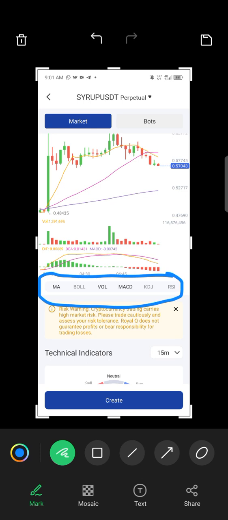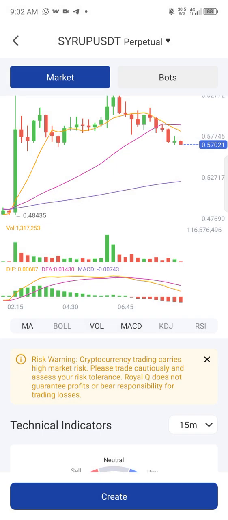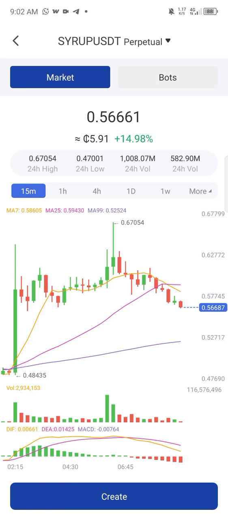You just have to select MA. Maybe it might be on Bollinger, so you just take it off and select MA, and you are good to go. And you will see the MA indicator, or the moving average indicator, that I'm talking about.